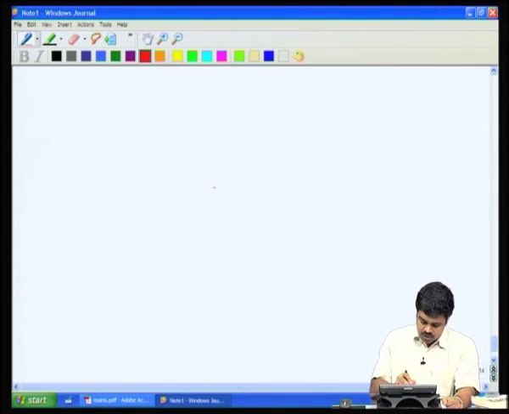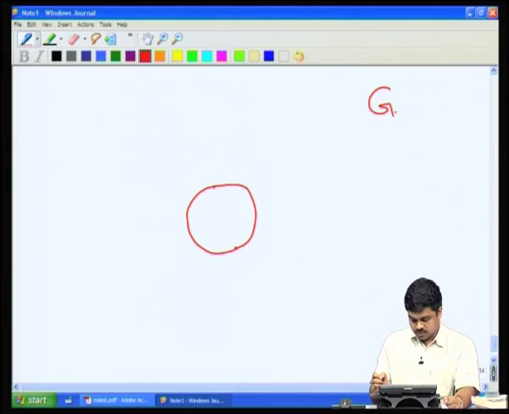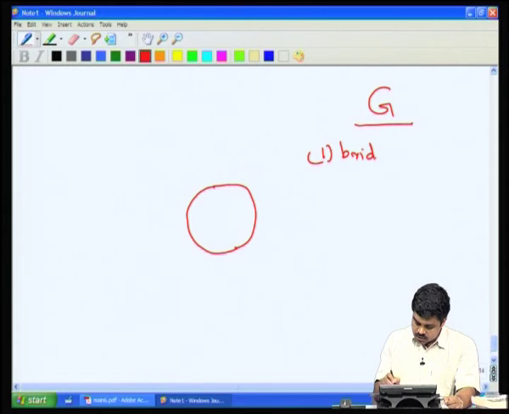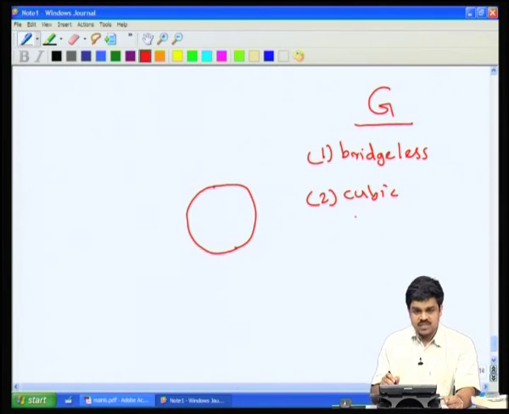Suppose we consider a bridgeless cubic graph G. Two properties are there: it is bridgeless, and it is cubic. Cubic means it is a 3-regular graph, so each vertex has degree 3.